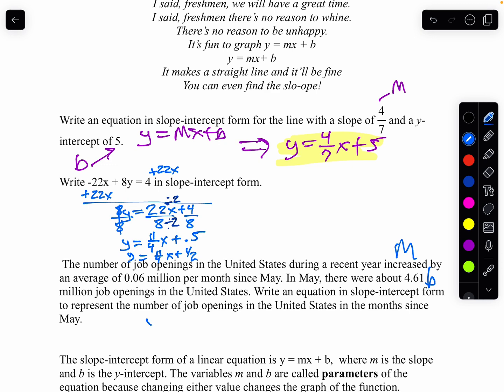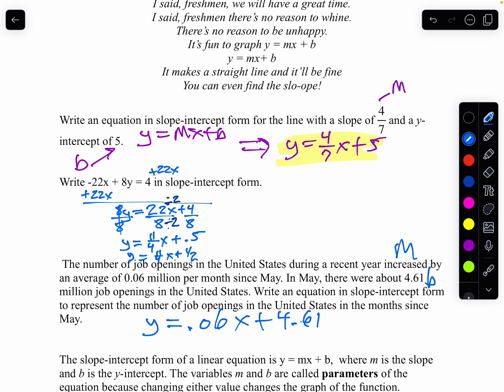I'm going to say y equals, my m was 0.06 x. My b is plus 4.61. Now, with an application problem, you don't necessarily have to use y and x.